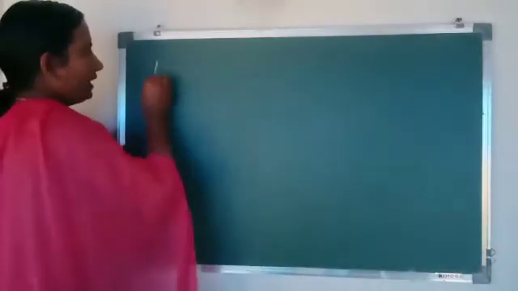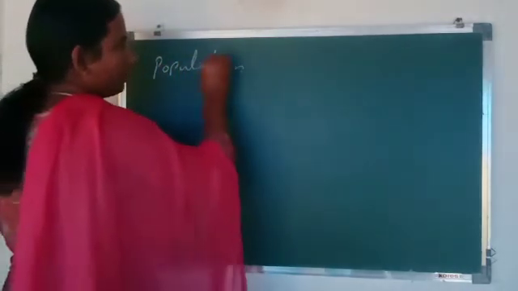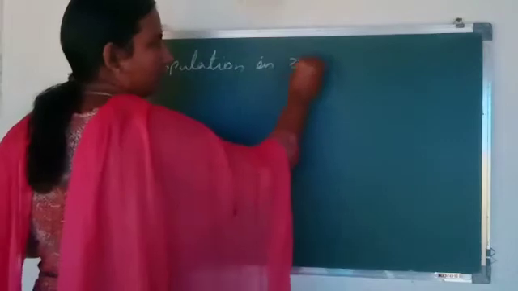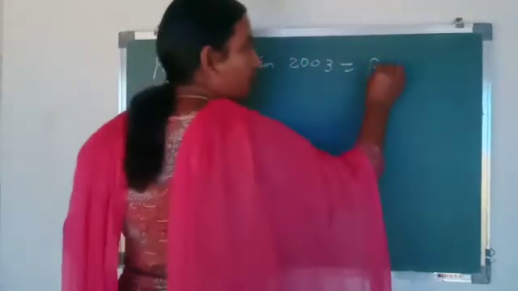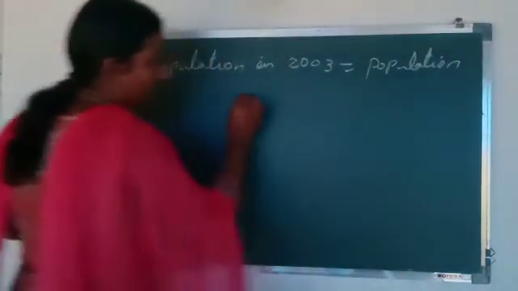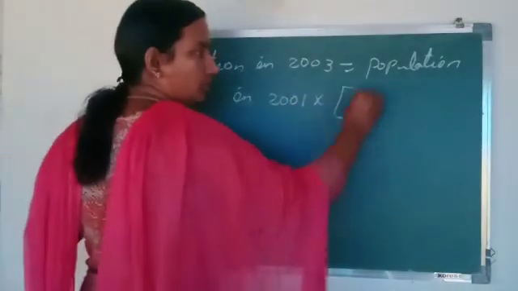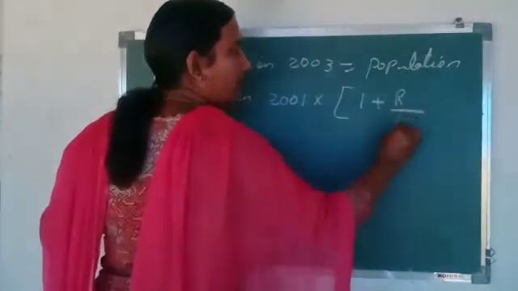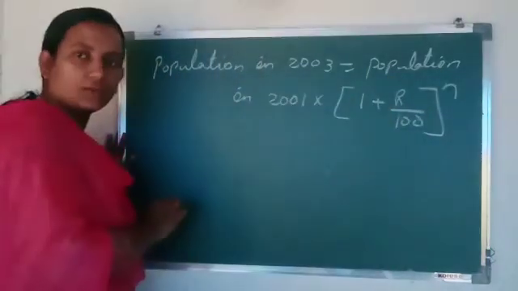So population in 2003 is equal to population in 2001 into 1 plus R by 100 all raised to N. Here P means the population in 2001.